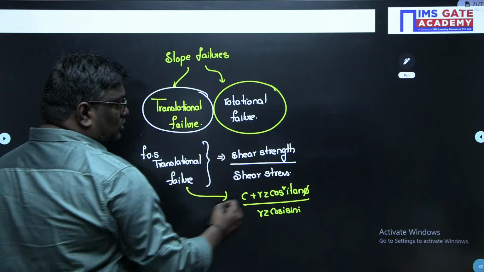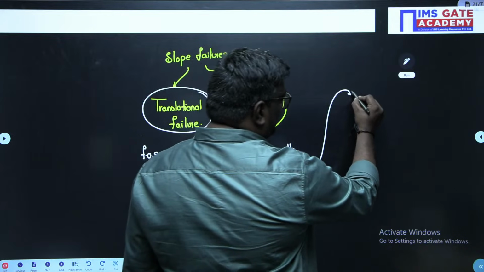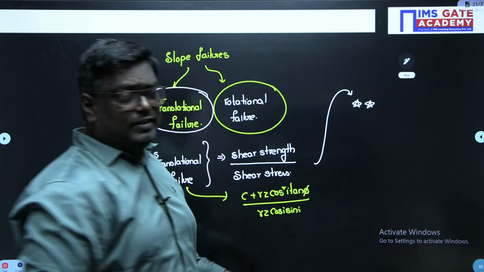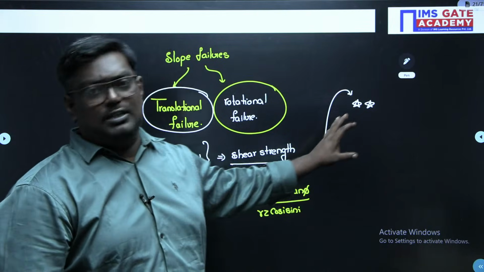So using this condition, this is also another important question we can expect this year. I'm thinking so because previously in 2022-23 we have seen this question.